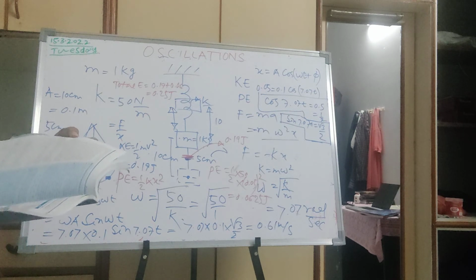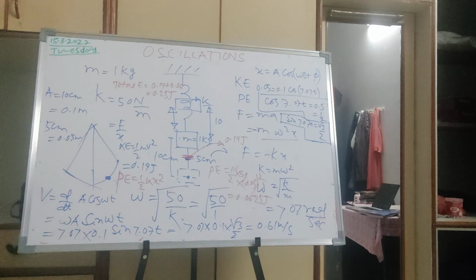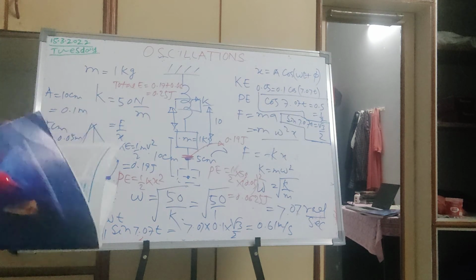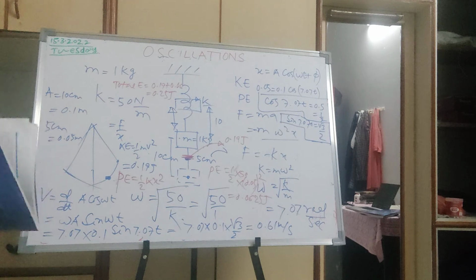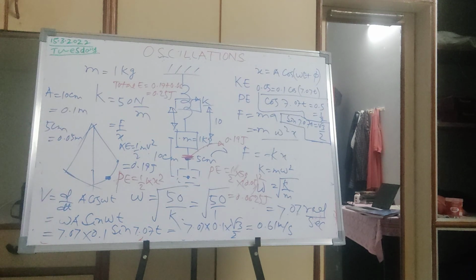With that we will complete free oscillations. Then we will get into damped oscillations, considering the presence of air resistance and friction. We'll solve some numericals on time period of spring mass system and simple pendulum in the next class.